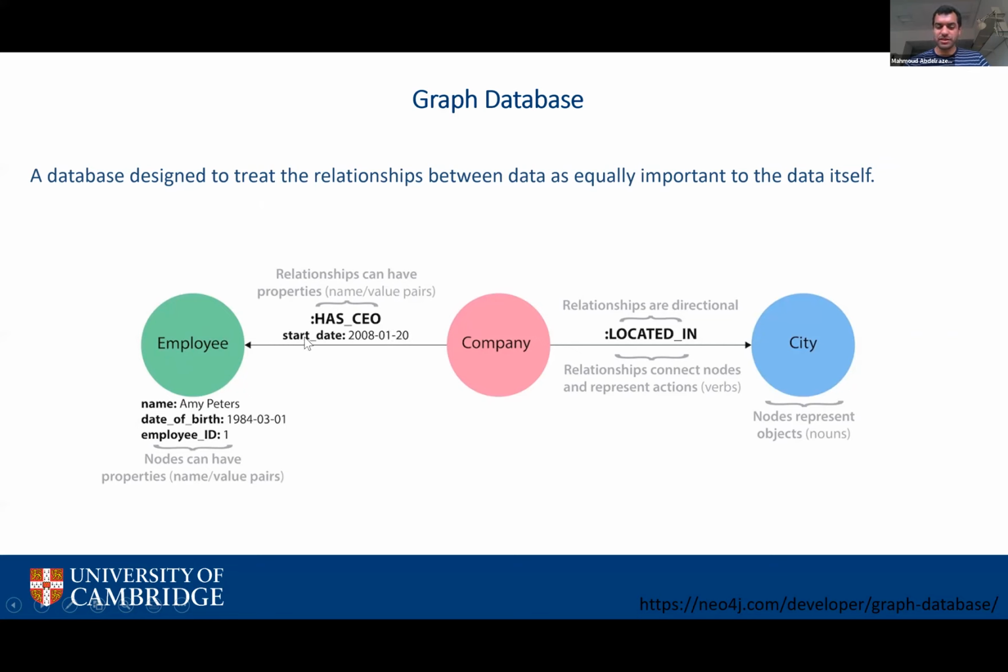So, for example, here, this particular relationship has an identifier of a date. This person started working for this company at that particular date. And this information is stored at the relationship instead of within any of the tables.